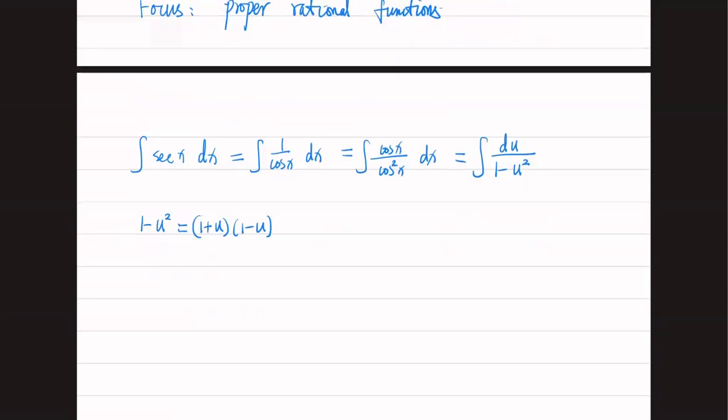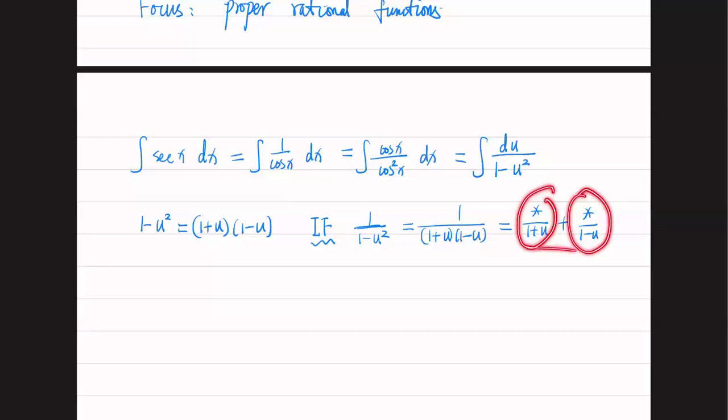If, okay, a big if, not sure at the moment, we can break this 1 over 1 minus u squared, complicated, have no idea, into two parts, something unknown, then we can integrate these two separately.